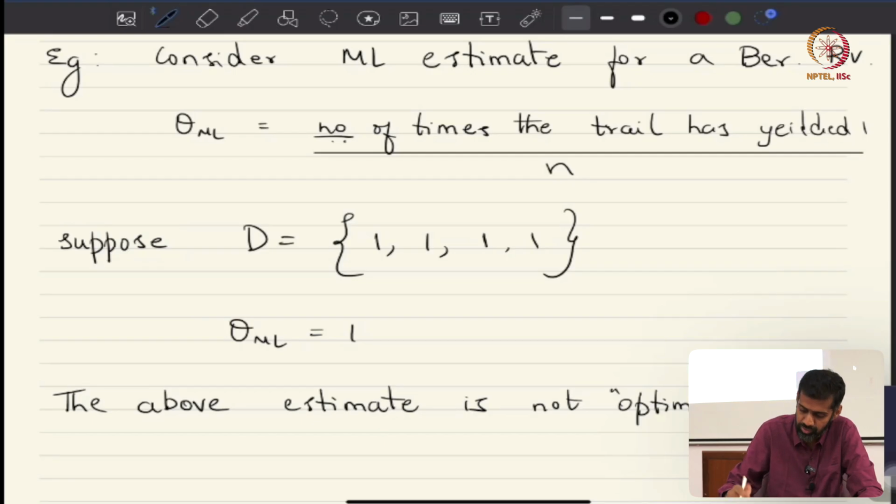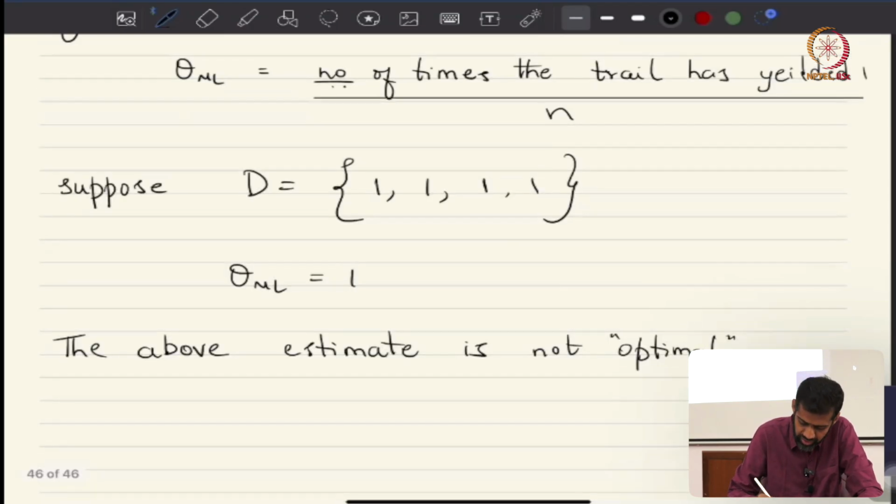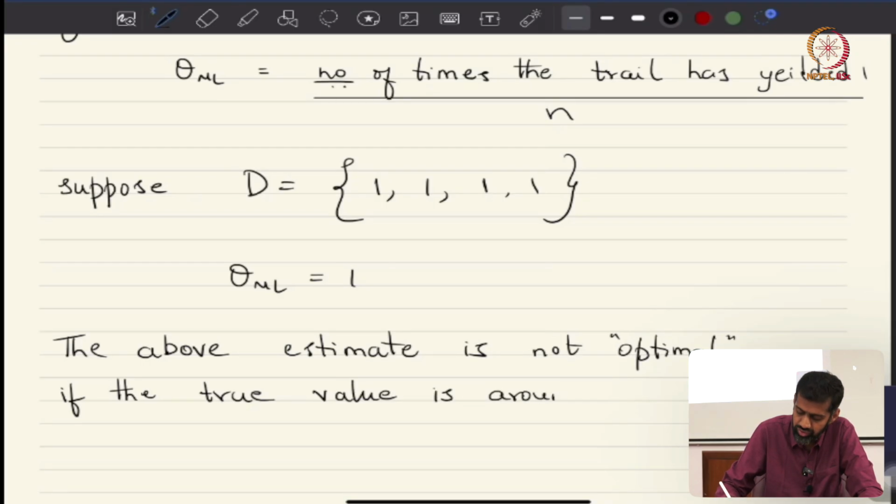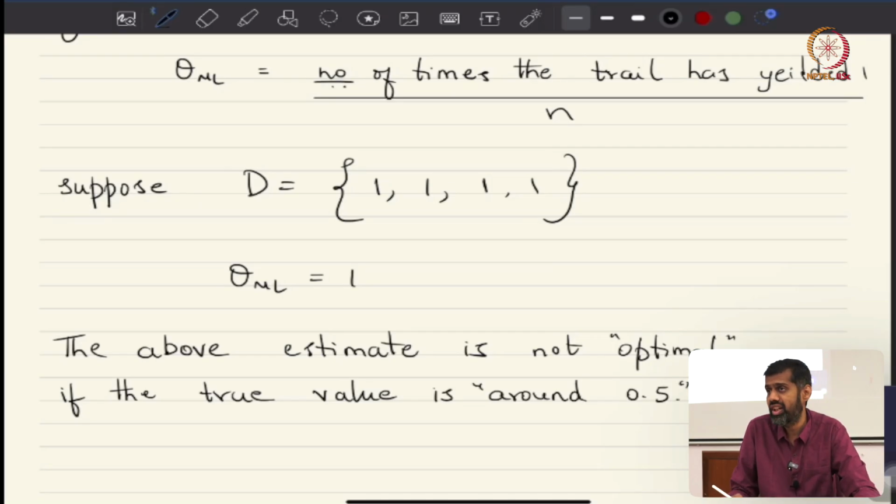The above estimate is not optimal if the true value is around 0.5. This is just an example where the ML estimate, especially if you have very few samples, leads to bad estimates of the underlying parameter.